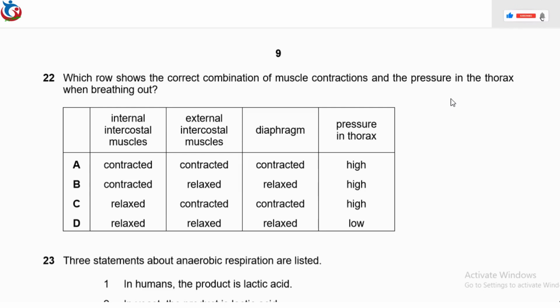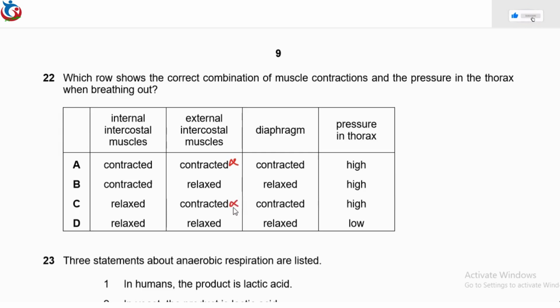So with this, we can simply say that our correct answer is not this, because external intercostal muscles should be relaxed. The same thing goes with option C.